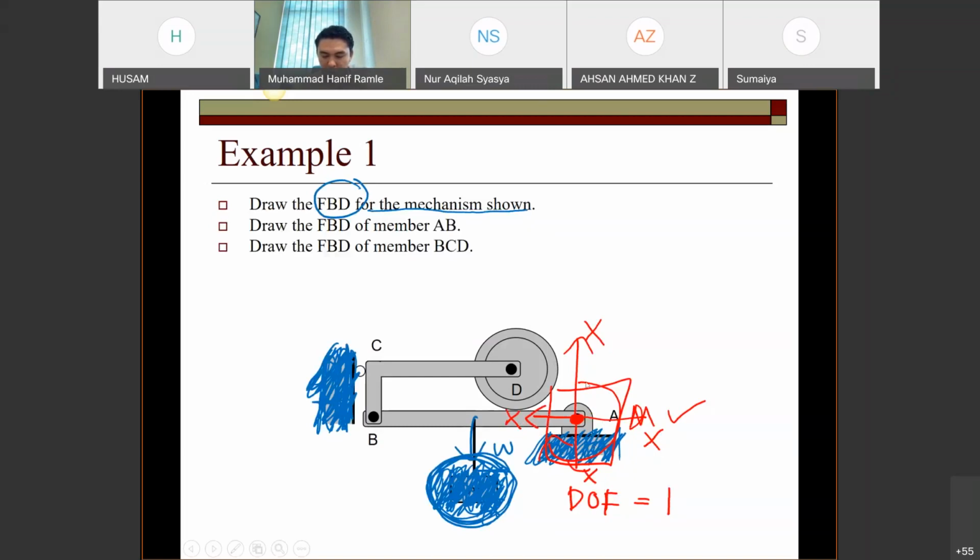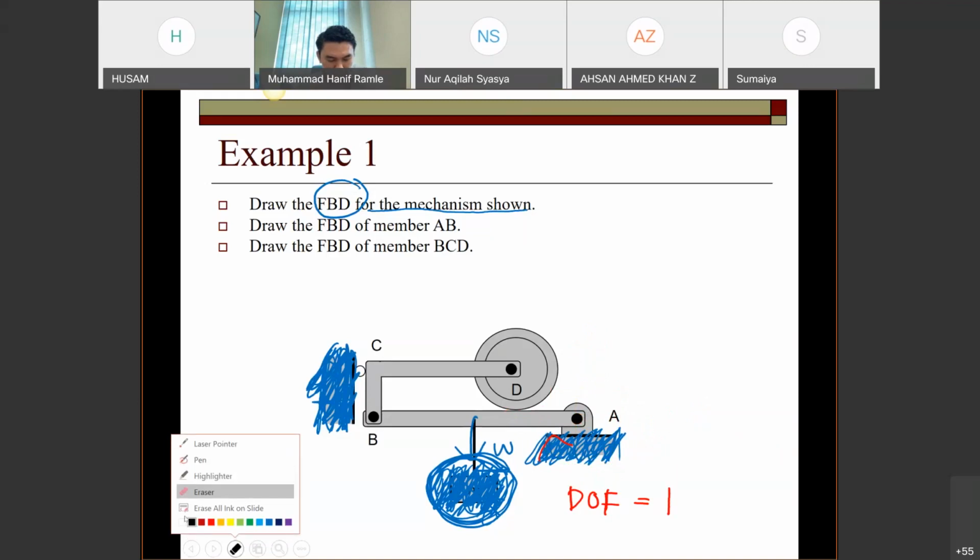Rotation is allowable for this system at A, meaning there is no reaction at all for the rotation. That's why the answer is 2 reactions, correct? We have 2 reactions at this point, which are the X and Y directions. Let's say A_y and A_x.